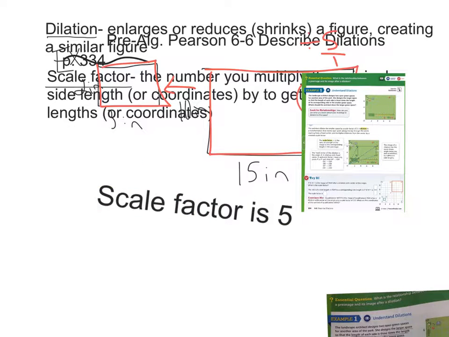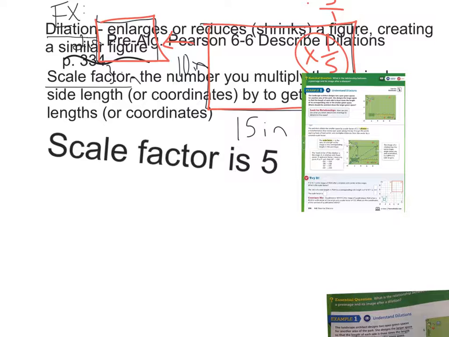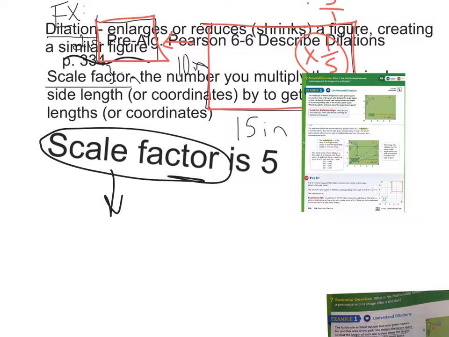Sometimes the numbers might not be quite as nice, so a way we can get our scale factor is by taking a new length divided by the original length. New length divided by the original length gives us our scale factor. If it doesn't come out nice, you can just leave it as a fraction.